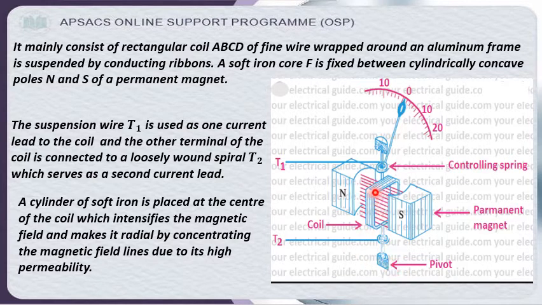So this coil will be named as ABCD coil, that is wound on an aluminium frame, and whenever the current is flowing in that coil, we know that there will be a magnetic field present in that coil, and that coil is also placed in an external magnetic field, so there are two magnetic fields.